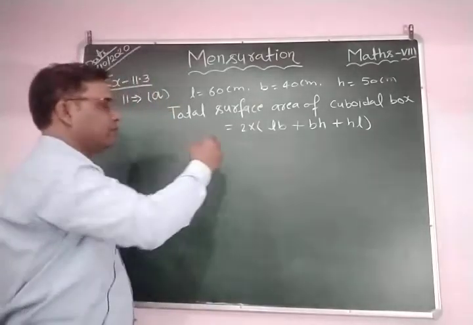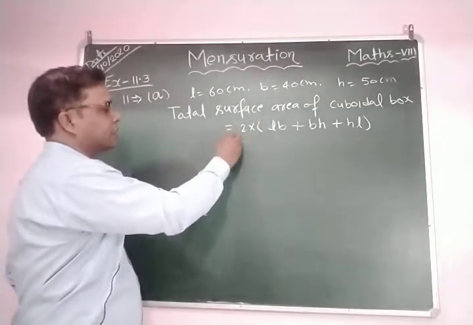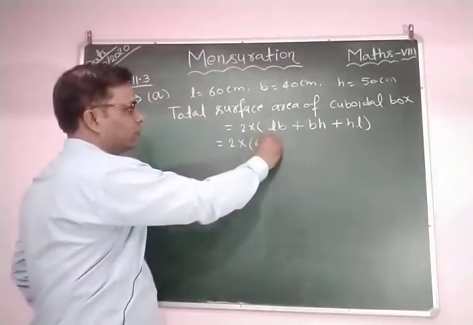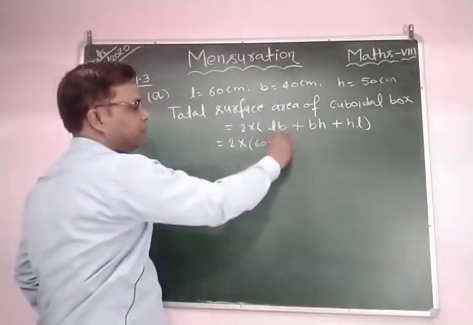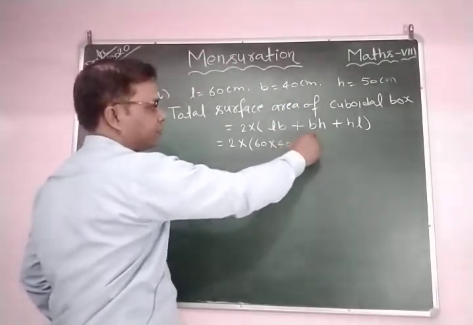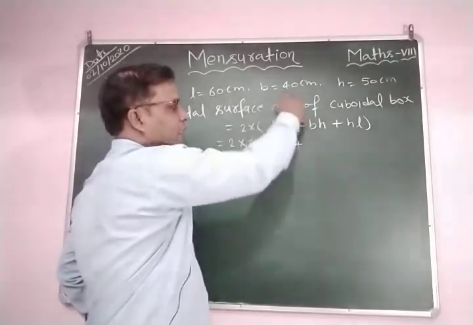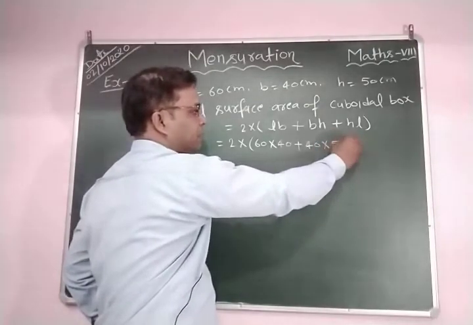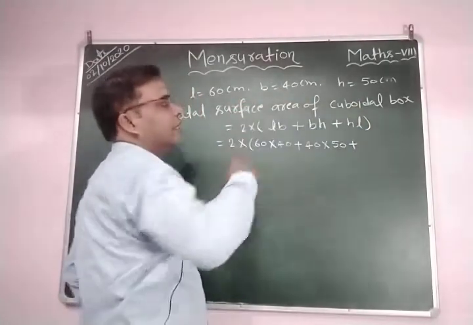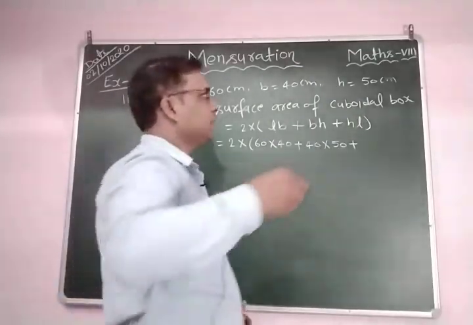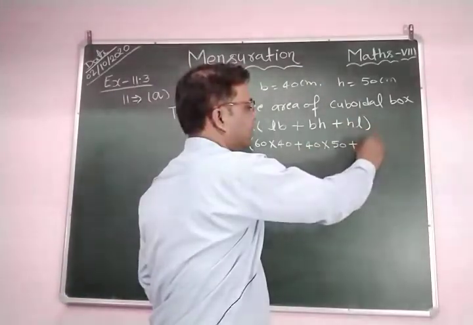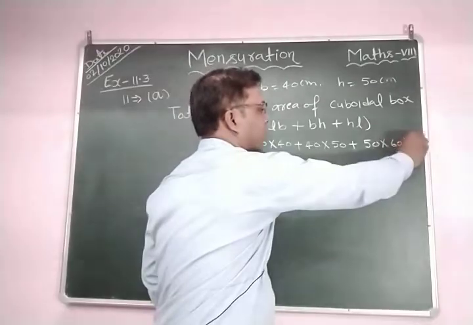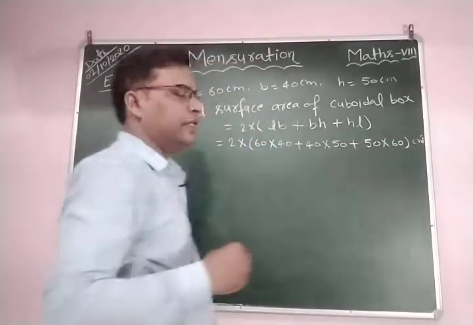Okay, so here we put in the values. Length is given as 60 centimeters. First write 2 as it is. After this, 60 into breadth, 40, plus breadth 40 centimeters into height 50 centimeters, plus H into L: height is given as 50 centimeters and length is 60 centimeters. Clear? And this is centimeter square because it is an area.